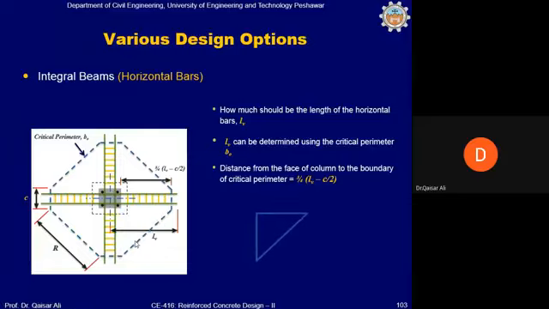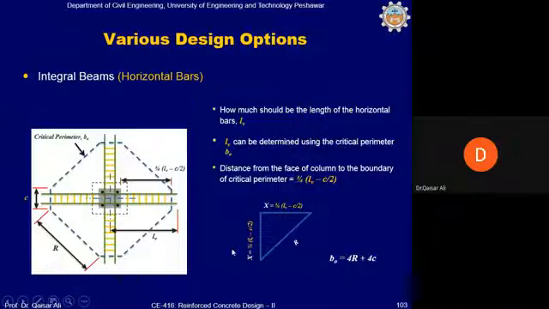This is taken out. It has two sides equal to x, both of them equal to 3 by 4 (Lv minus c by 2). So this R, which is the diagonal of this triangle, is given by R squared equals x squared plus x squared. Okay, and we can calculate R from this.